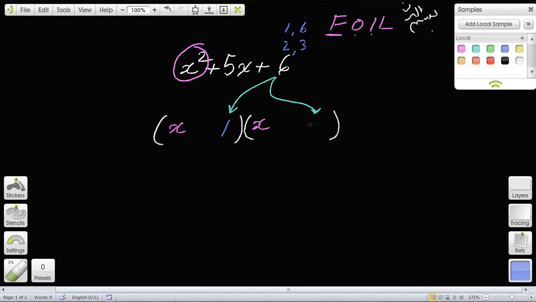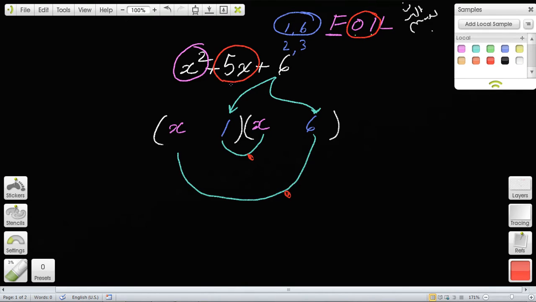So if I put 1 and 6, that's a potential candidate. All right. So 1 and 6 will give you 6, but that's not the right answer. We know that already, right? But that's cool. You say, okay, these are potential candidates, but then you have to understand, whatever goes over here, this outer term and the inner term, the outer and the inner term, they have to add up to give you this, right?